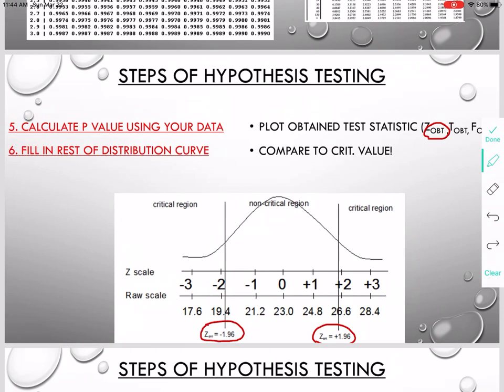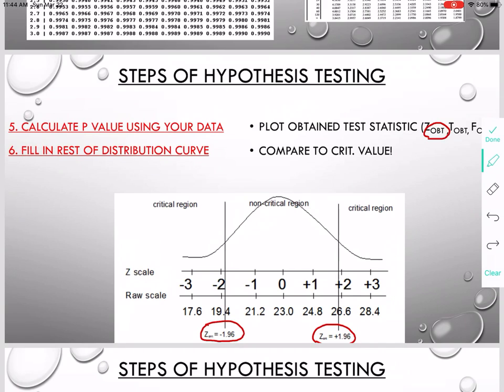But once we run our tests, you're going to get an obtained value. If I run a t-test, my t-score might be 27.2. If I run an ANOVA, my f-score might be 3.75.